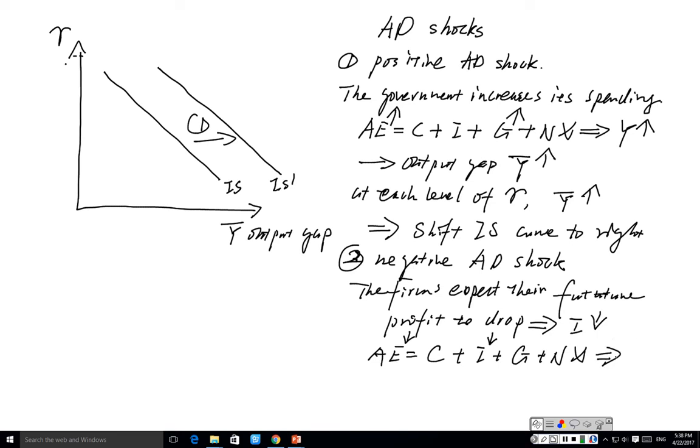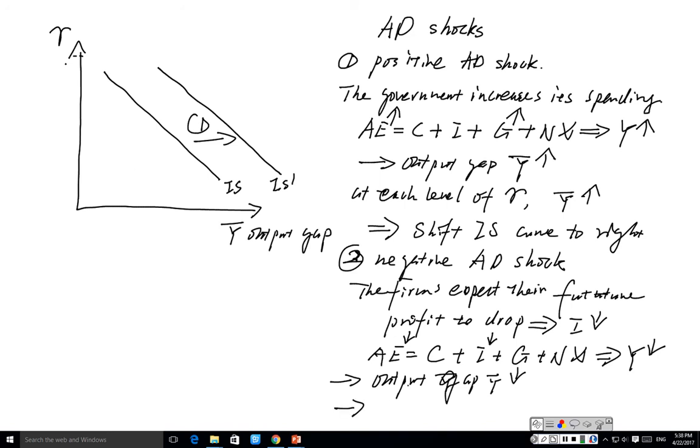So this will shift the aggregate expenditure curve downward on the Keynesian cross model, which leads to a lower level of the equilibrium output Y, and this means the output gap Y bar goes down as well.